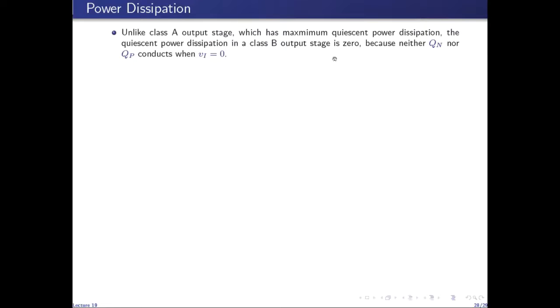Because when there is no signal, there is no conduction through either Qn or Qp. There is no current flowing through RL. There is no power drawn from the sources plus minus VCC, and hence there is no power dissipated in the circuit. So the quiescent power dissipation of the class B output stage is 0.